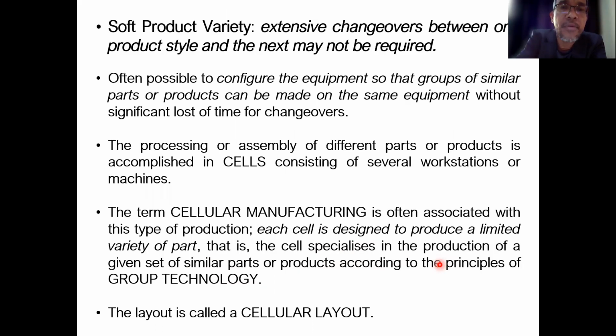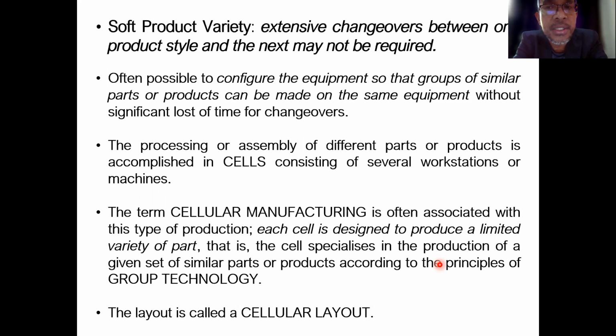So with soft product variety, extensive changeover between one product style and the next may not be required. So for soft product variety, they also use a similar machine to produce high volume production.